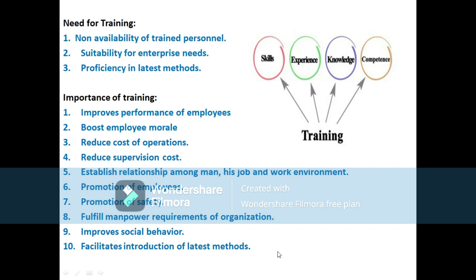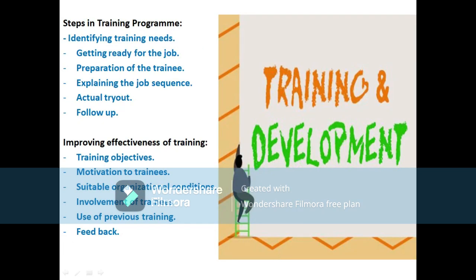So coming to steps in training program. Under steps in training program, every organization needs the service of trained persons for performing the activities effectively and in a systematic way also. The fast changing technological developments, as we studied in the previous concept, make the knowledge of employees obsolete.